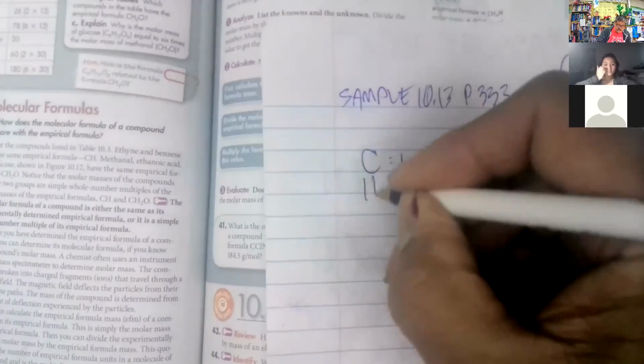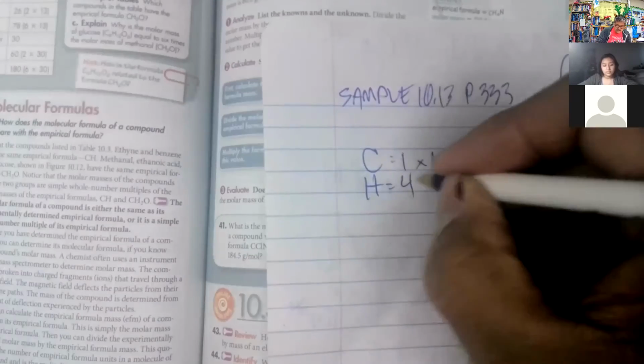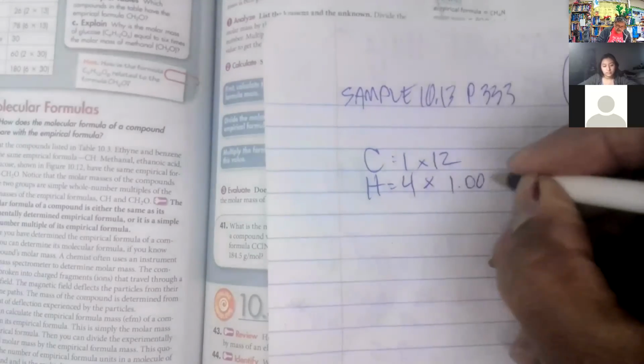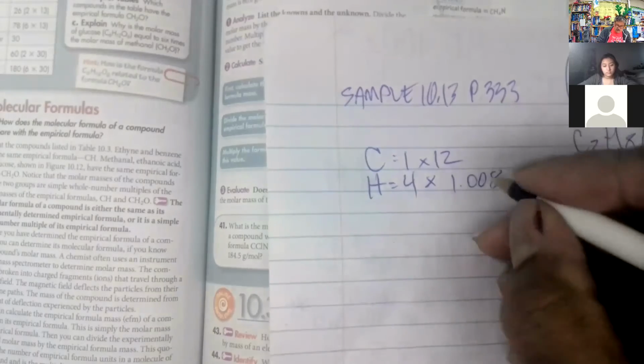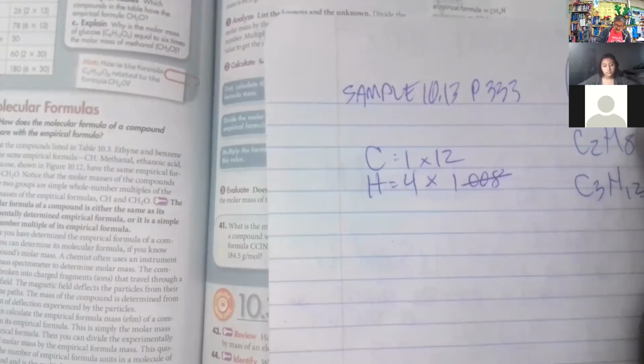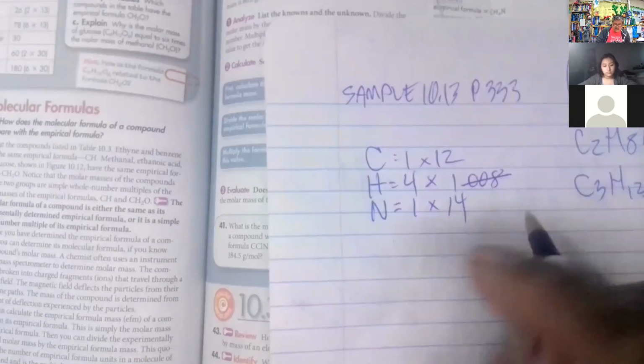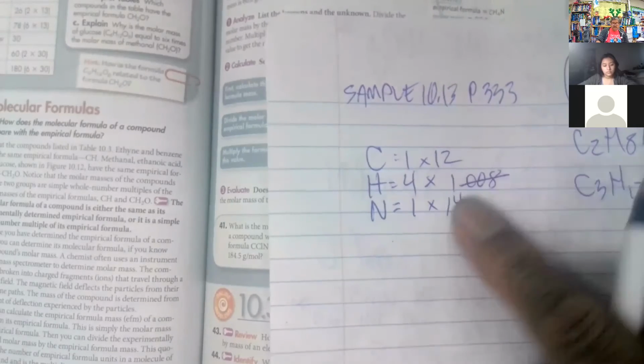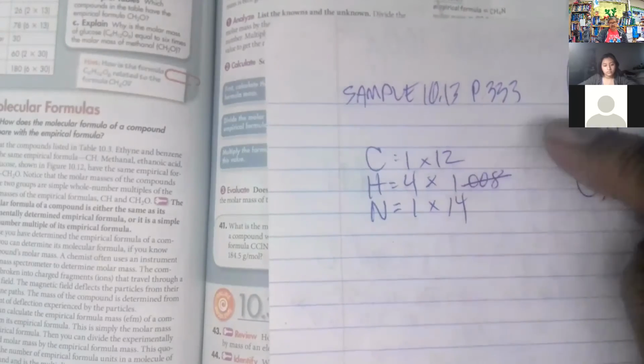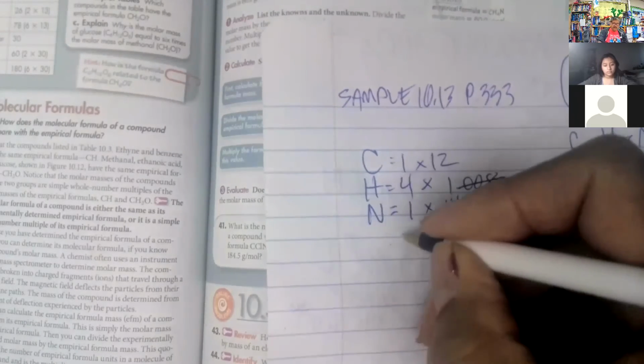You have 4 H's, and that is 1.008. Let's just call it 1. So we can eyeball this, and N is 14. We have 1 of those. So if you look at it, it's 12 plus 14, which is 26, plus 4 of these, which is 30.